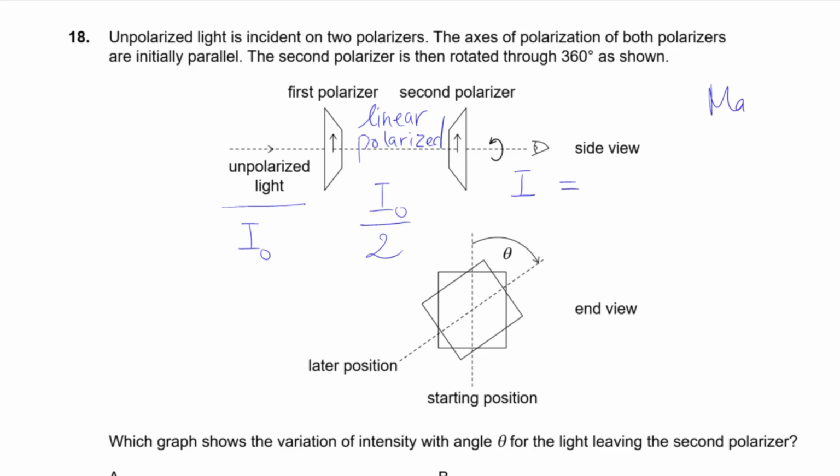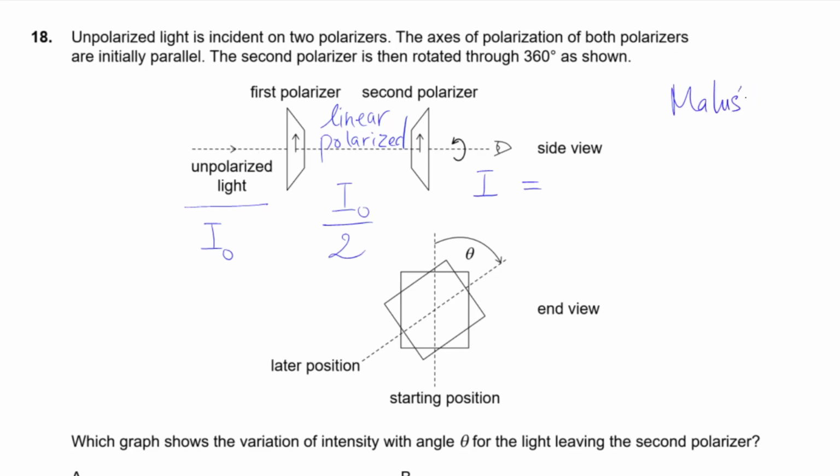It is described by a law called Malus's law, which states that the intensity of the light after passing through a polarizer is the incident intensity, which is I0 over 2, because that is the intensity after passing the first polarizer, multiplied by cosine squared of the angle between the incident light on polarizer 2 and its axis of polarization.